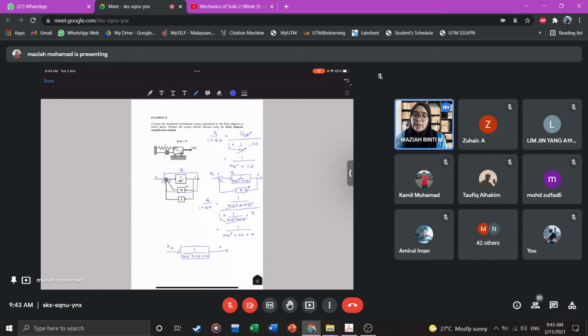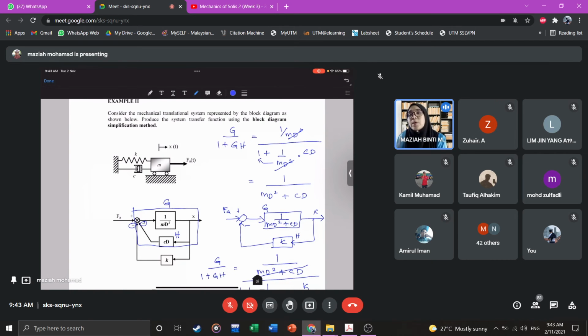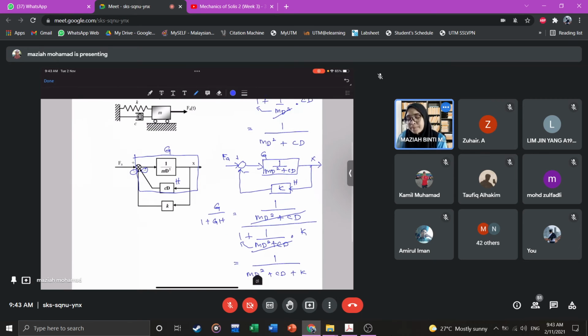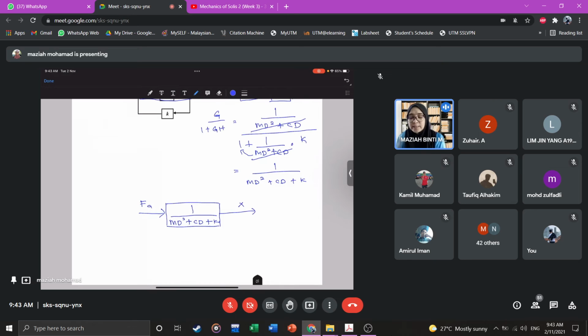Based on the diagram that you drew, we simplify it so that we get the final transfer function, that later on we're going to use in order to know the dynamic behavior of the system. Okay, meaning to get the time response equation for the system. Right?